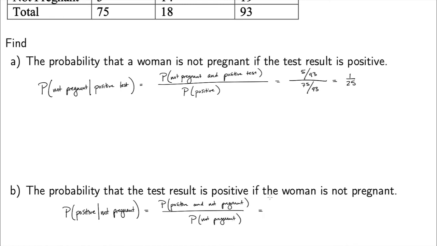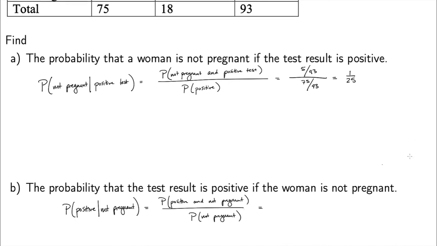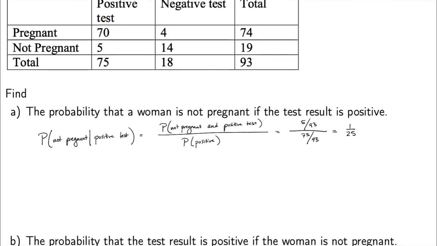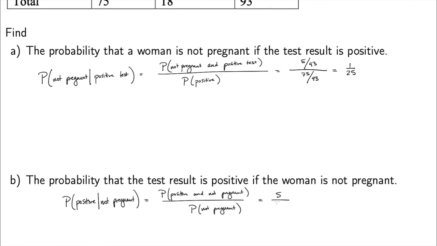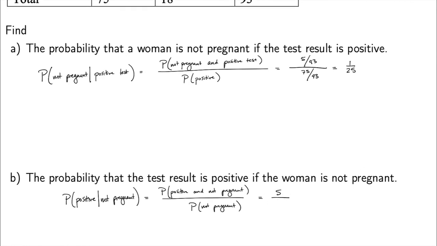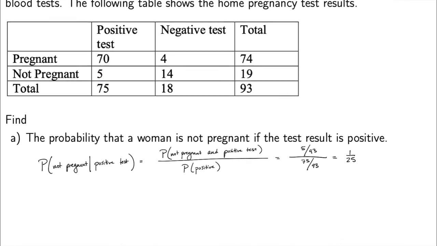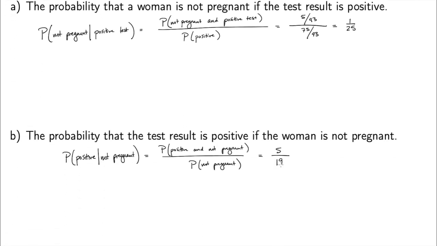Now, like I said, we don't actually have to do the probabilities. We can actually just do the numbers of ways it happens. So the number of ways of a positive and not pregnant is 5. So we just take 5 divided by the number of ways that we had a not pregnant person. And there's 19 non-pregnant. So 19. So that's the probability that we have a positive test when the woman is not pregnant.